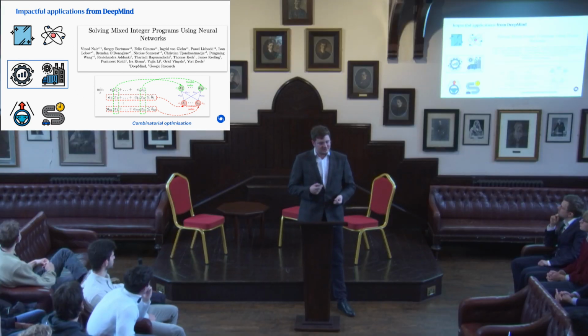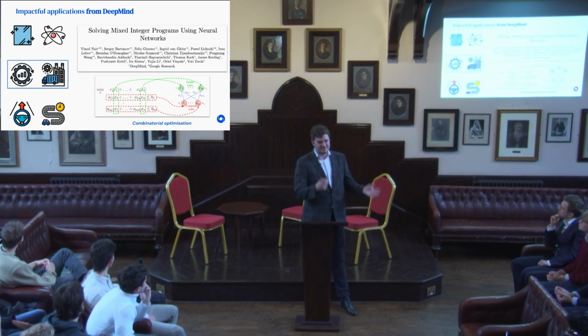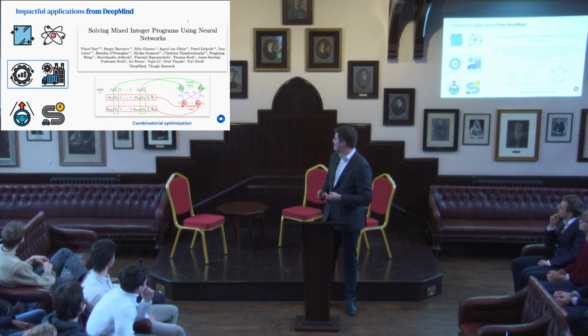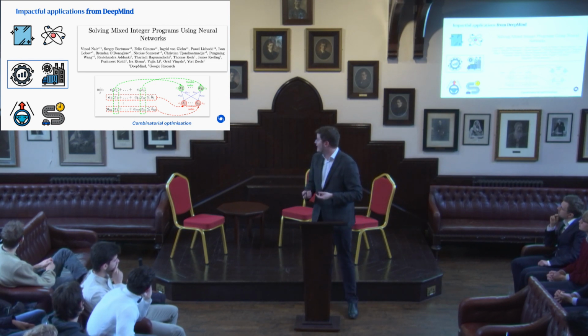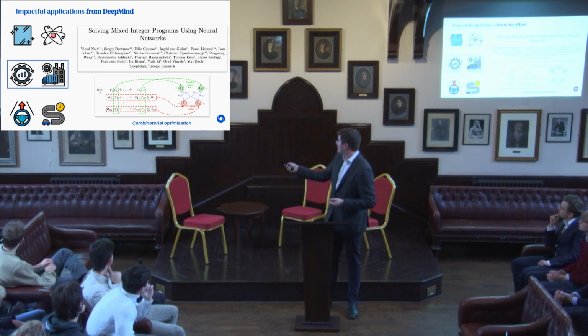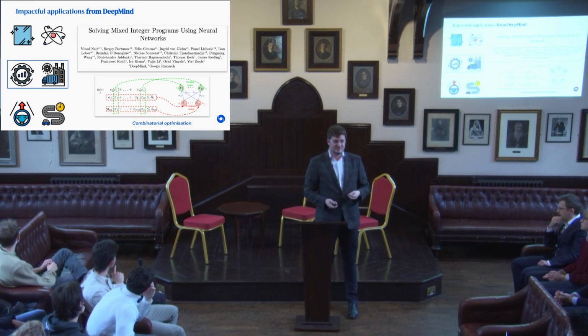Then one very important application industrially is combinatorial optimization. Very often if you're dealing with supply chains or these kinds of problems, you have to figure out how to optimally move equipment around and so on. This usually can be cast as a kind of mixed integer program, a problem that you have to solve based on a particular set of constraints. The team at DeepMind and Google Research realized that you can cast this combinatorial optimization problem as a graph, where your nodes are the variables that you have to optimize, and also the nodes are the constraints that those variables have to satisfy.